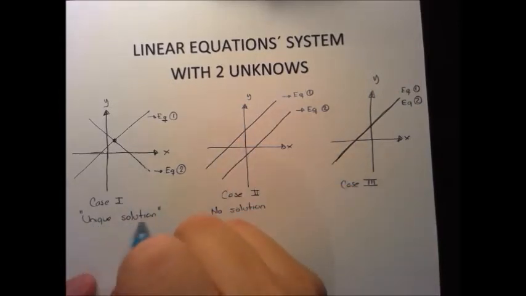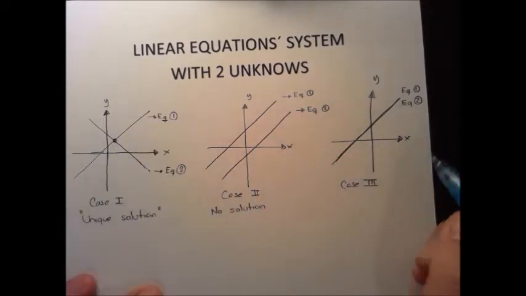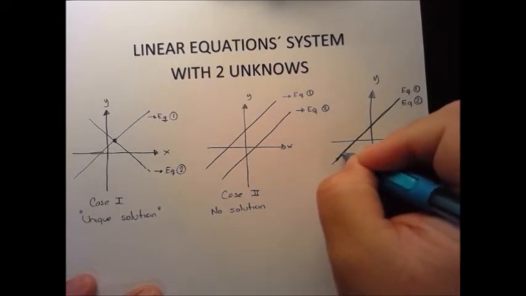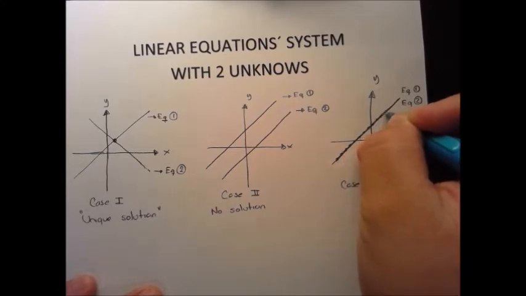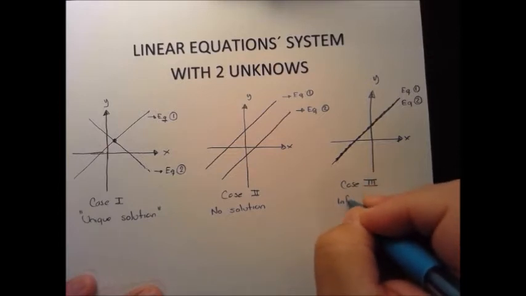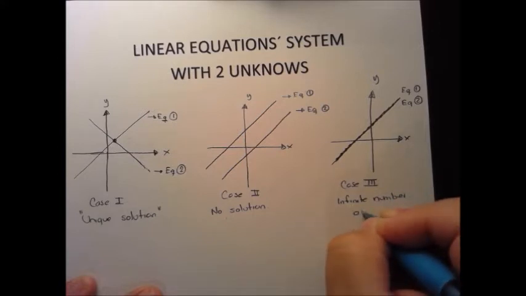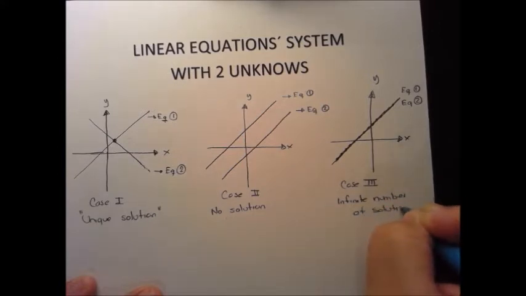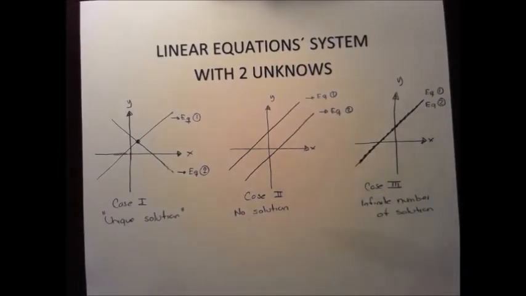Here is a unique solution because we have one intersection. My question is, how many intersections do we have over here? As you can see, all the points of each equation are repeated, and each point is a solution. So it means that we have an infinite number of solutions. So in a linear equation system with two unknowns, we can have case number one, case number two, or case number three.